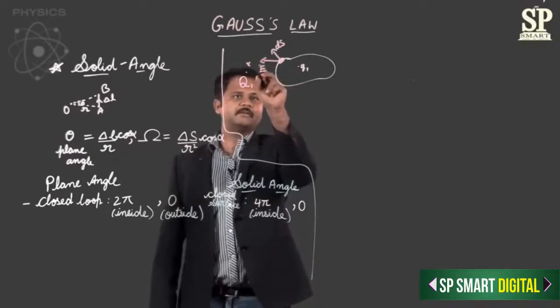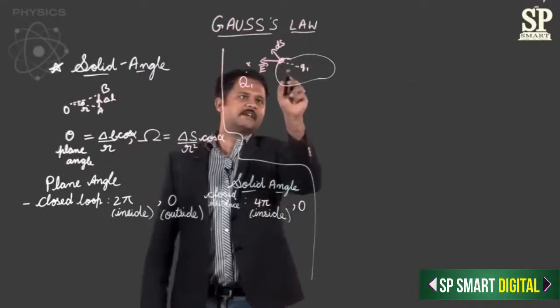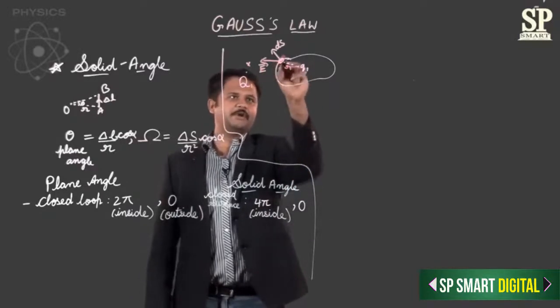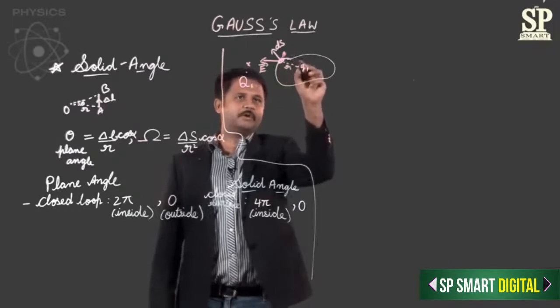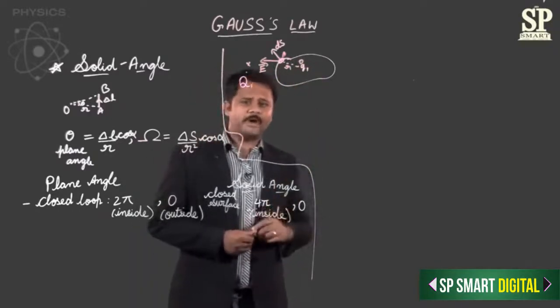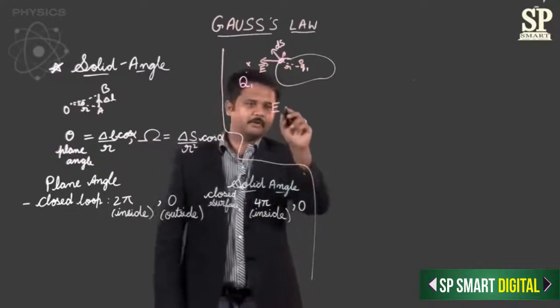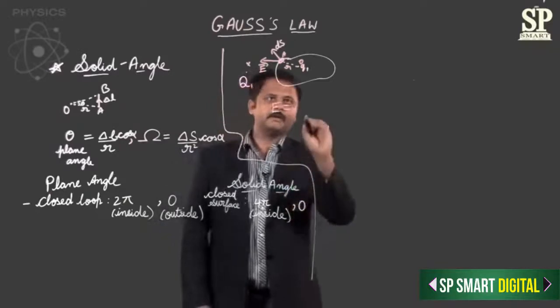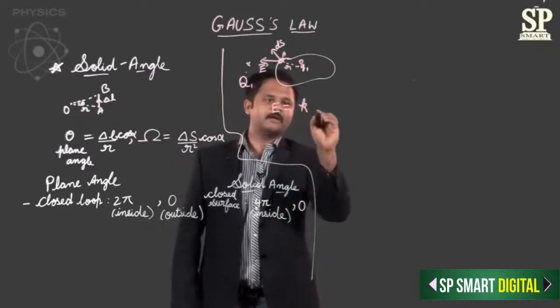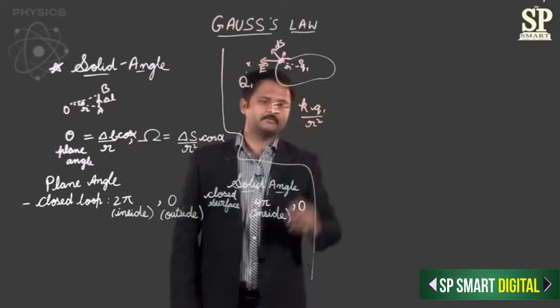It is E, and if this is R, the separation between this particular point A and this point O, then OA is R. Let's write only the magnitude right now. Then E becomes equal to K Q1 upon R square.